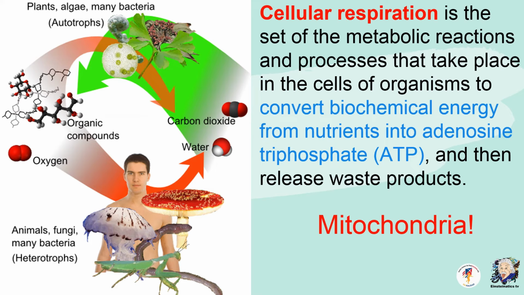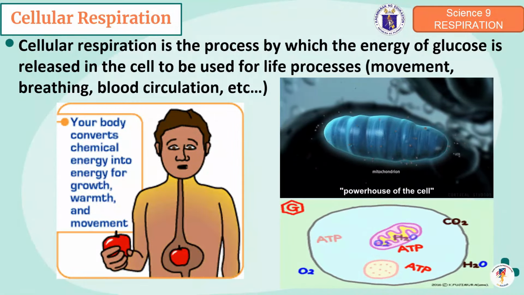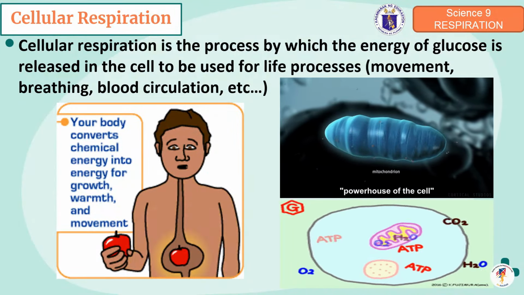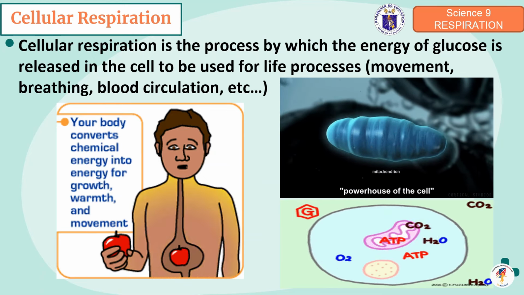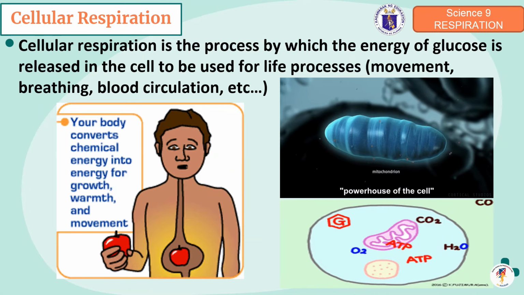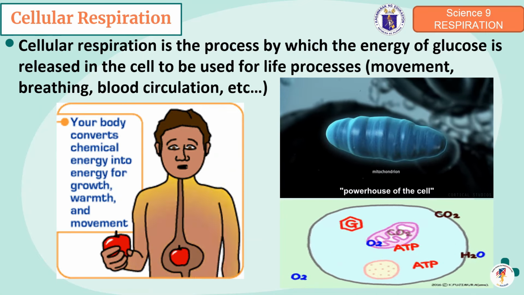If photosynthesis happens in the chloroplast, cellular respiration, on the other hand, happens in the mitochondria. It is the process by which the energy of glucose is released into the cell to be used for life processes. This includes movement, breathing, blood circulation, and others.